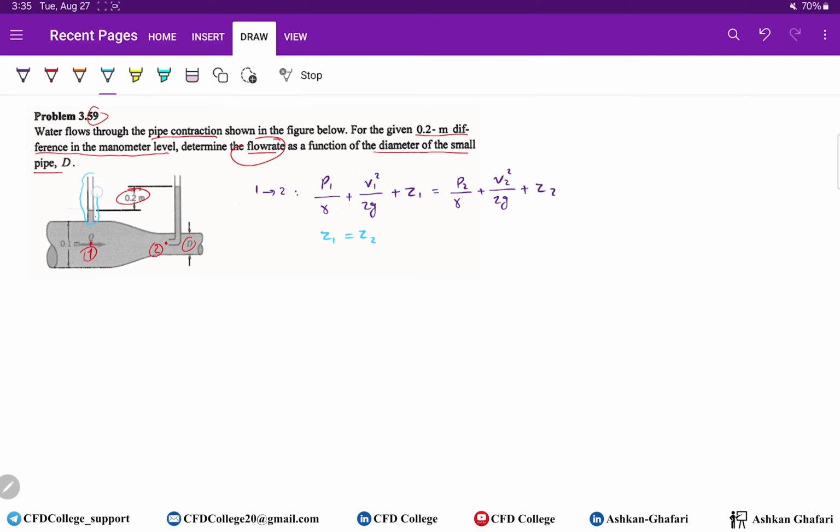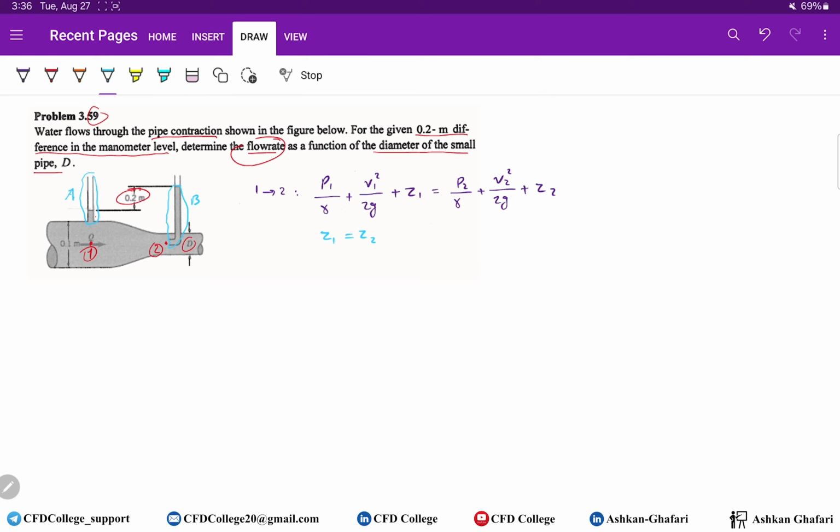This is the first one, A, and this is the second type, B. It has an entrance inside the pipe, while A is connected to the edge of the pipe, to the wall, to the surface of the pipe.